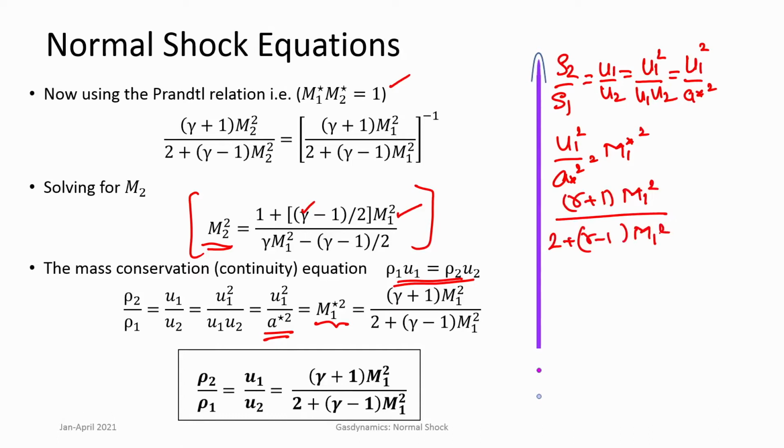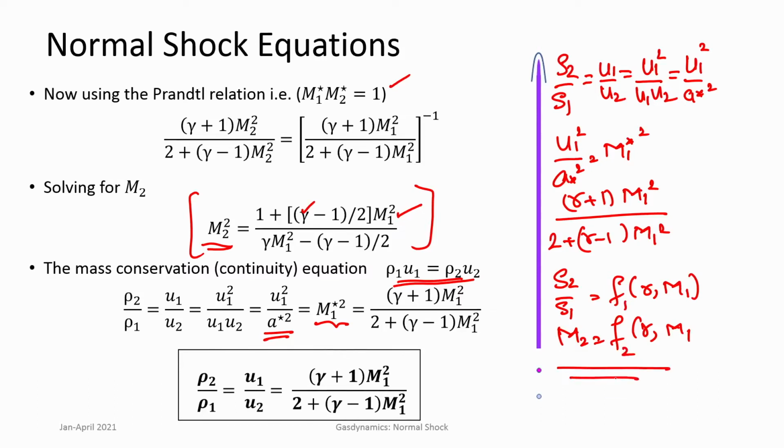So now we see that the density ratio rho 2 by rho 1 is also only a function of gamma and upstream Mach number. M2 is a function of gamma and upstream Mach number. So just to distinguish, I can put this as F1 and F2.